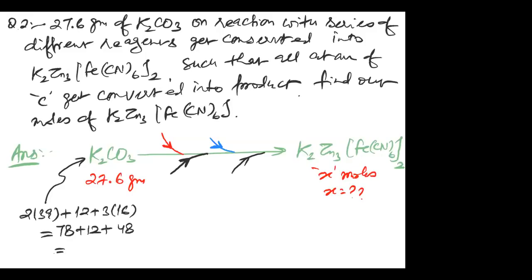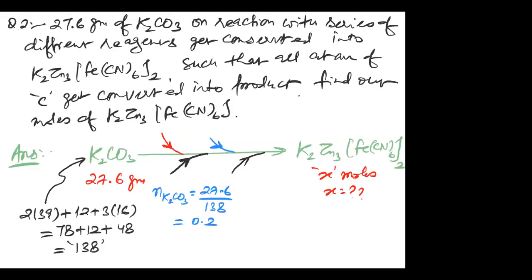So it is 90, and overall it comes out to be 138, the molecular mass of K2CO3. So moles of K2CO3 is the given mass 27.6 divided by its molecular mass, and it comes out to be 0.2 moles.